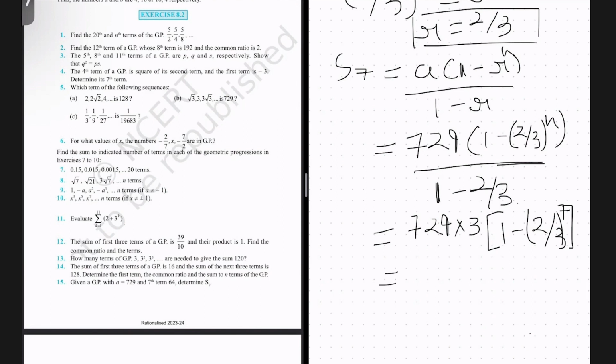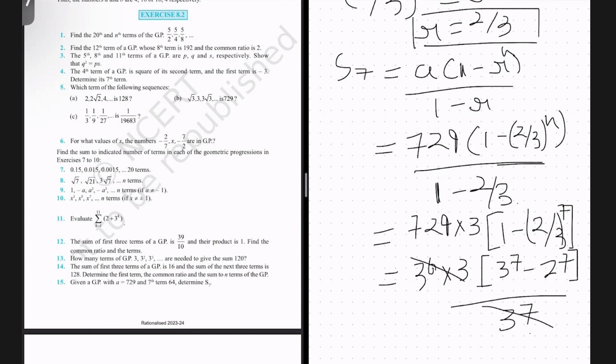So you can write this as 3 power 6 into 3, and you can write this as (3⁷ - 2⁷) divided by 3⁷, right? So 3 power 7 and 3 power 7 get cancelled from here.